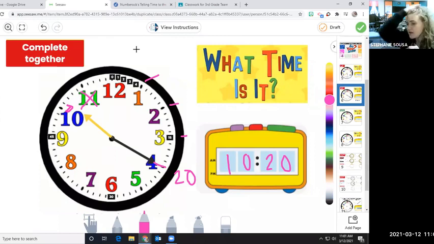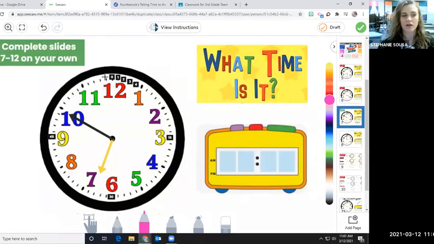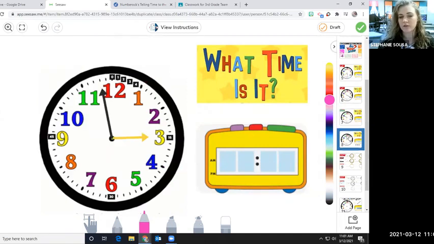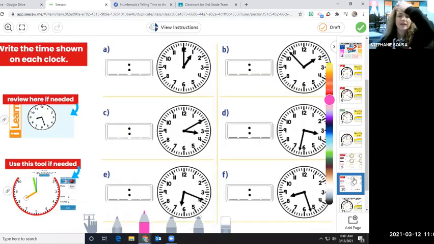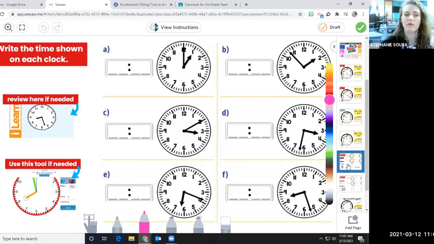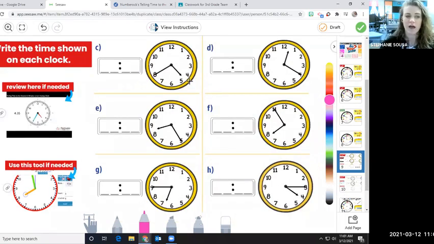Okay. That is what you are going to do on your independent slides 7 and 8. There is an analog clock. You are going to record the time on the digital clock face. Okay. And then, Justin, on slides 9 and 10, you are going to do the same thing. You are going to look at the clock.